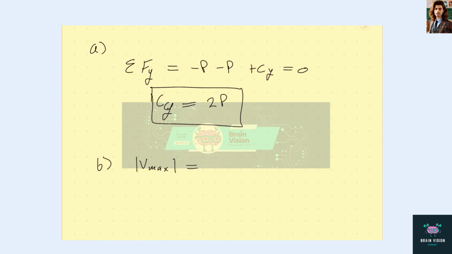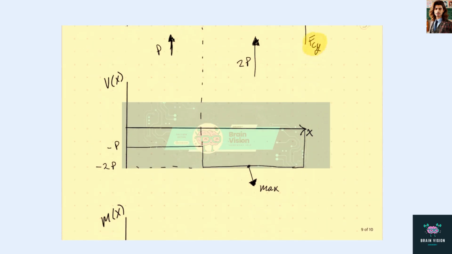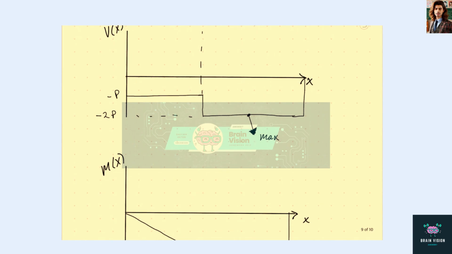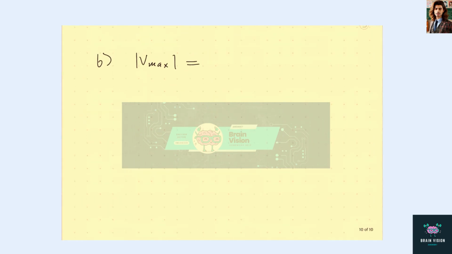The absolute value is just going to be this negative 2P right here on this bottom segment. That's where our maximum is going to be. Since we're looking for the absolute value, our maximum is going to be 2P.